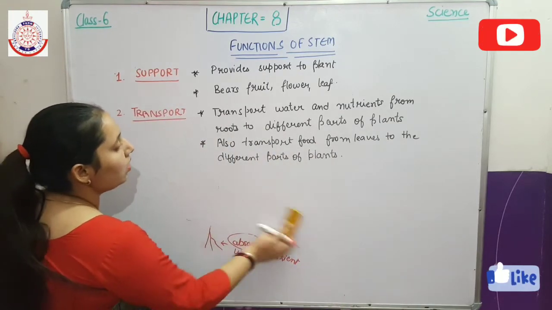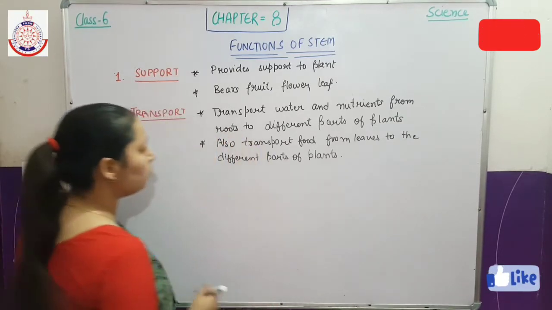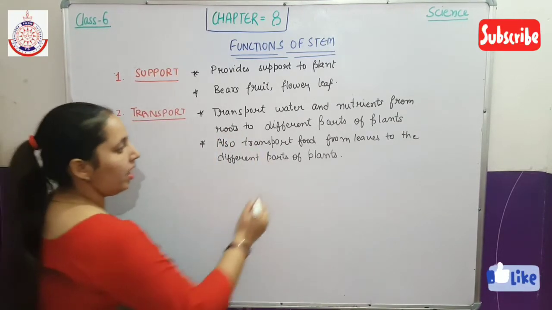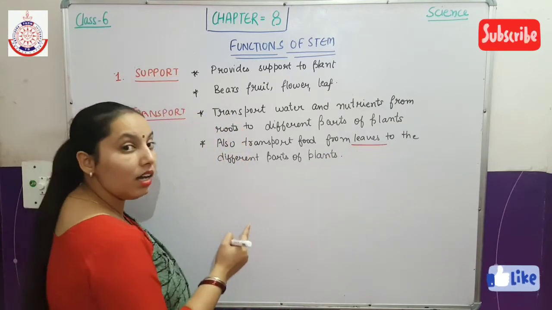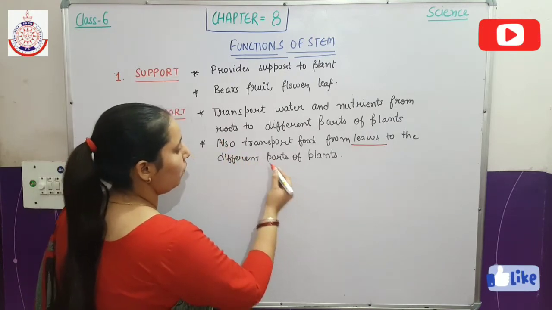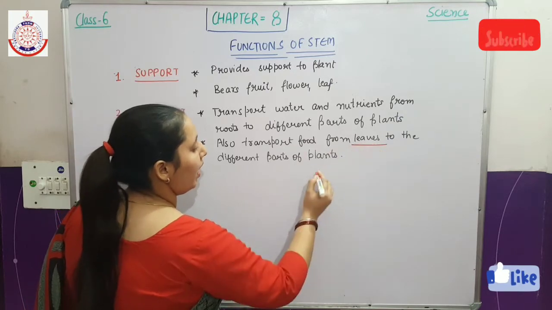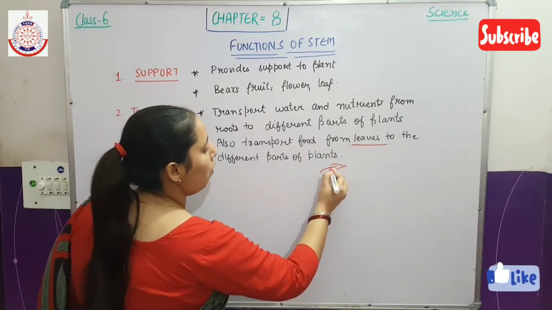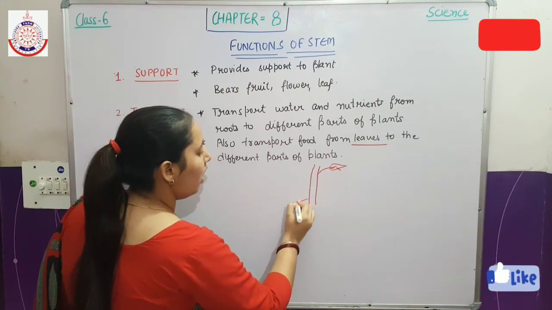It also transports the food from the leaf to the different parts of the plant. As you know, food is formed in which part? That is in the leaf. So what is the function of the stem? जो food leaf में बना है, that food which is formed in the leaf, it transports to the other parts.